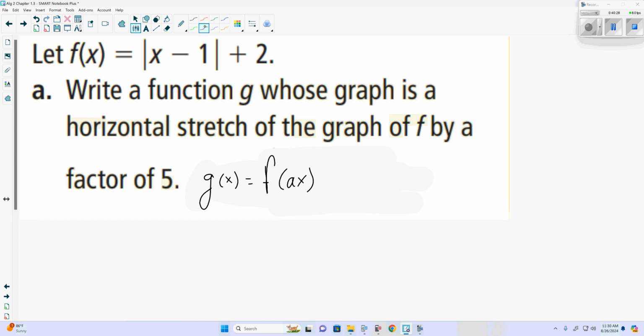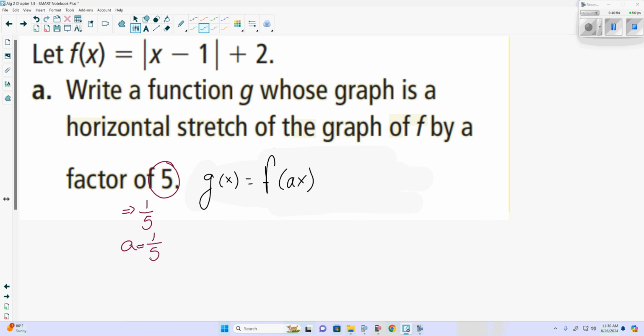Now, since we're talking about horizontal stretch or shrink, we need to switch it from 5 to 1 over 5. So our a value, the number we're plugging in, is 1 over 5. Whatever value they give us for horizontal stretch or shrink, we flip it, so 5 becomes 1/5.